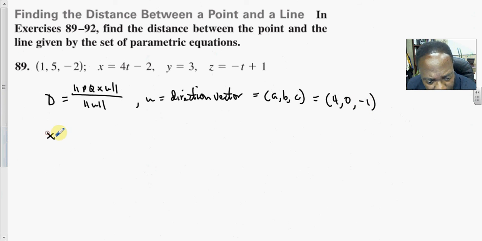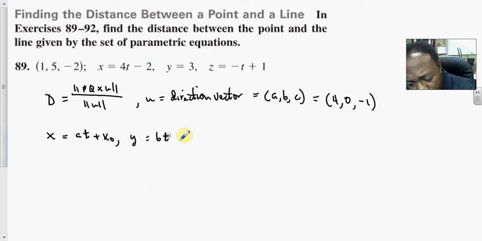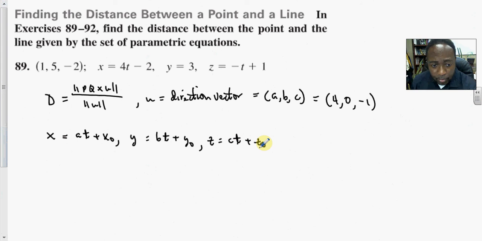Remember the equation of the line: x is equal to AT plus x naught, y is equal to BT plus y naught, and z is equal to CT plus z naught.